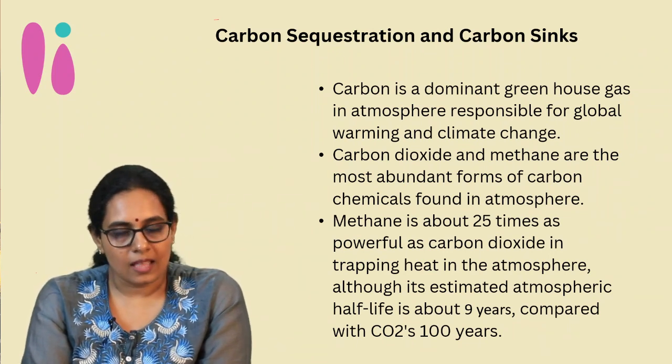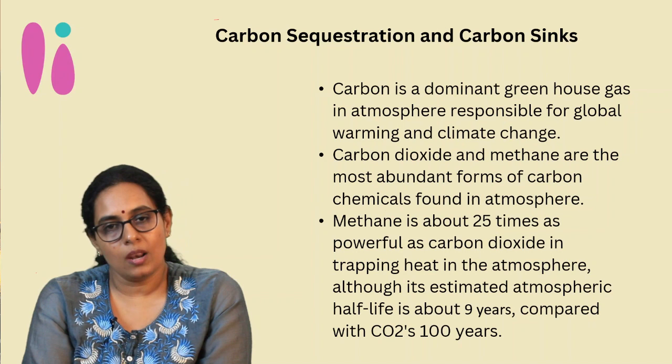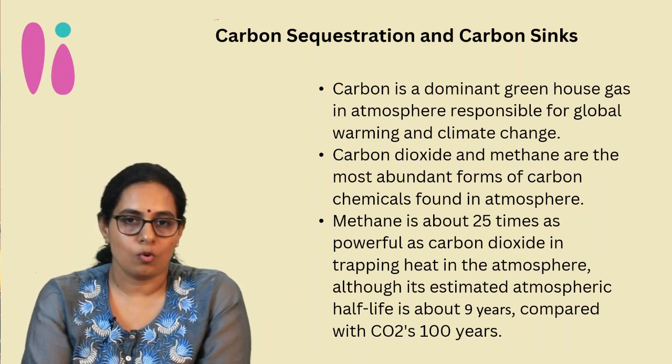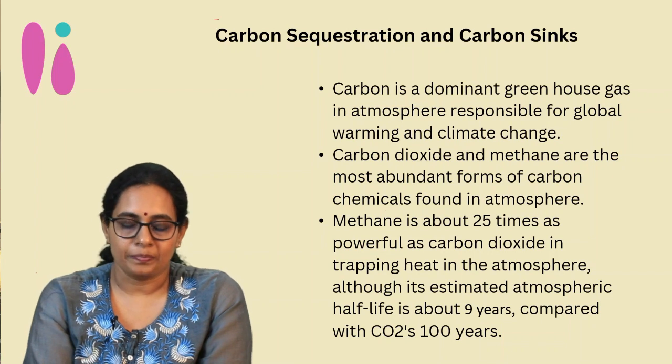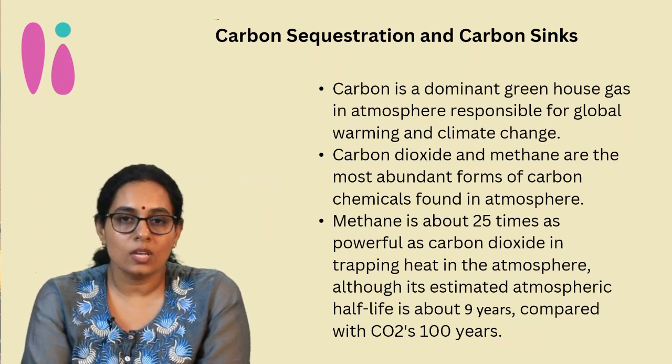We are seeing that because of melting ice caps and glaciers, there is an irreversible amount of methane being released into the atmosphere. So these two are the dominant types of carbon that are being released into the atmosphere. Until now, the priority was on reducing the amount of carbon dioxide.